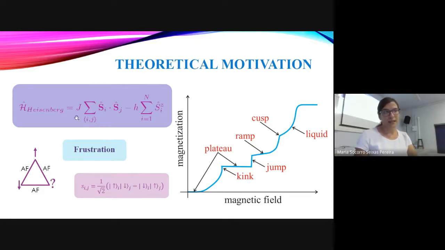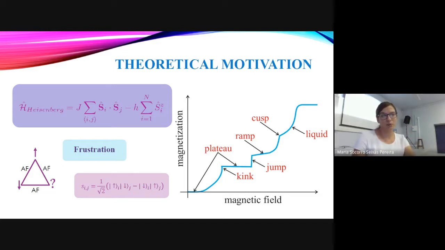The first term is the nearest neighbor interaction, which depends on operators Si and Sj, and the summation runs only through the nearest neighbors because the exchange integral J depends on how orbitals overlap, and this overlap decreases with the distance.